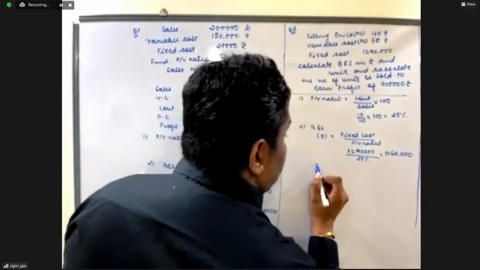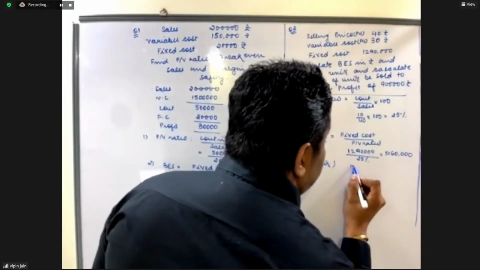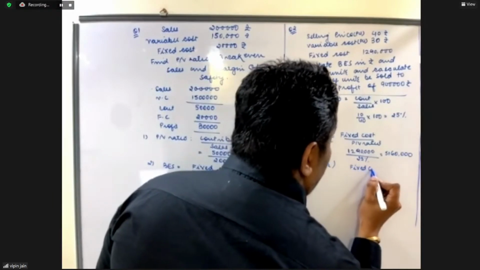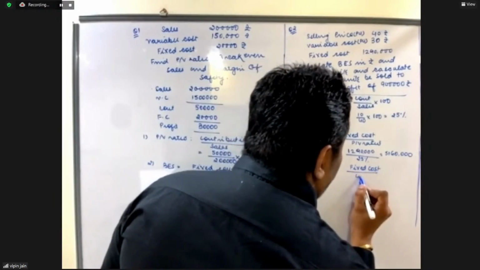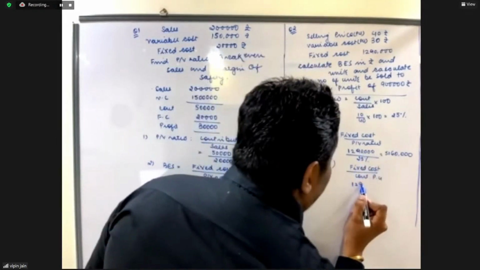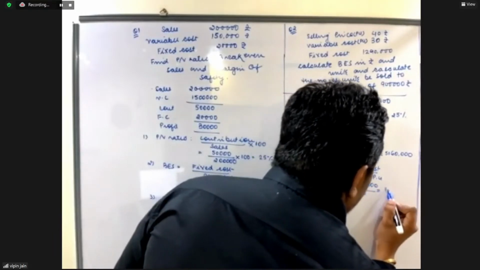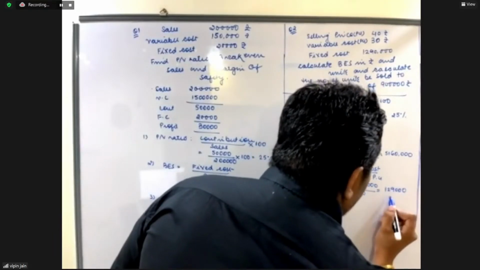Then the third, in units, it is fixed cost divided by contribution per unit. So this is 12,90,000 divided by 10. So this will be 1,29,000 units.